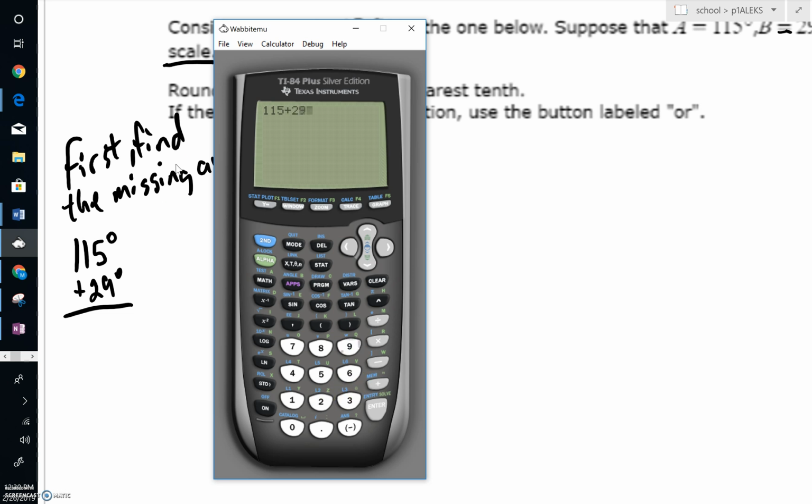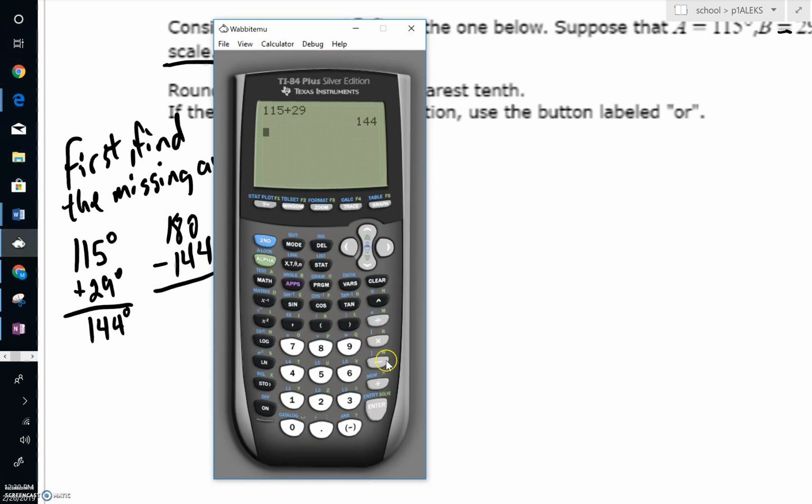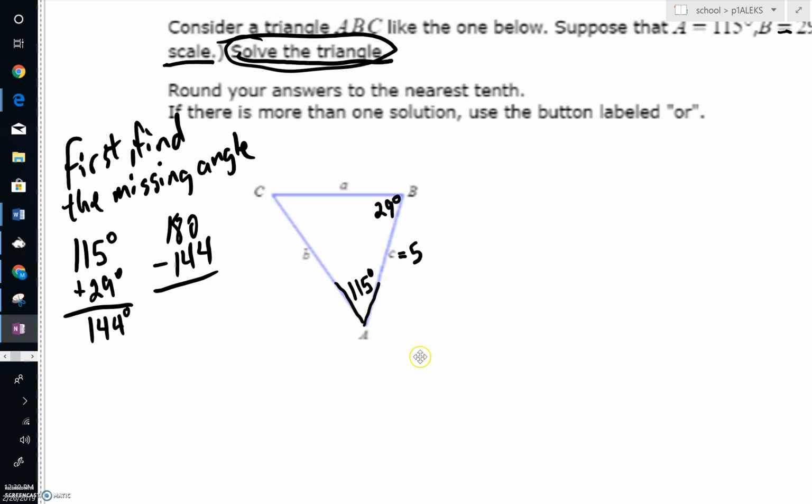Of course, you can always just do this in your head too. You can see this is 144 degrees when you add them up, but we need to subtract 180 minus 144. It only takes you a moment to do that, and you can see very fast that your missing angle is 36.